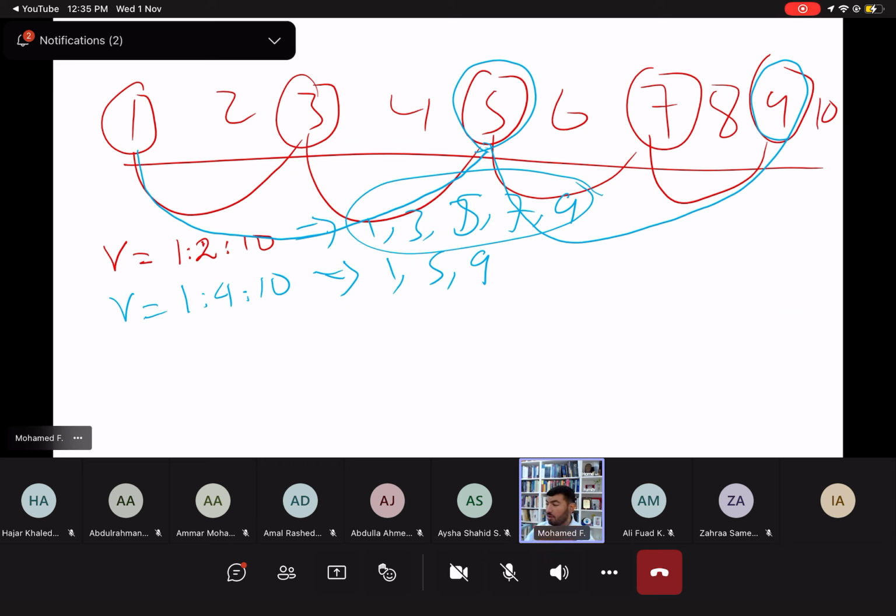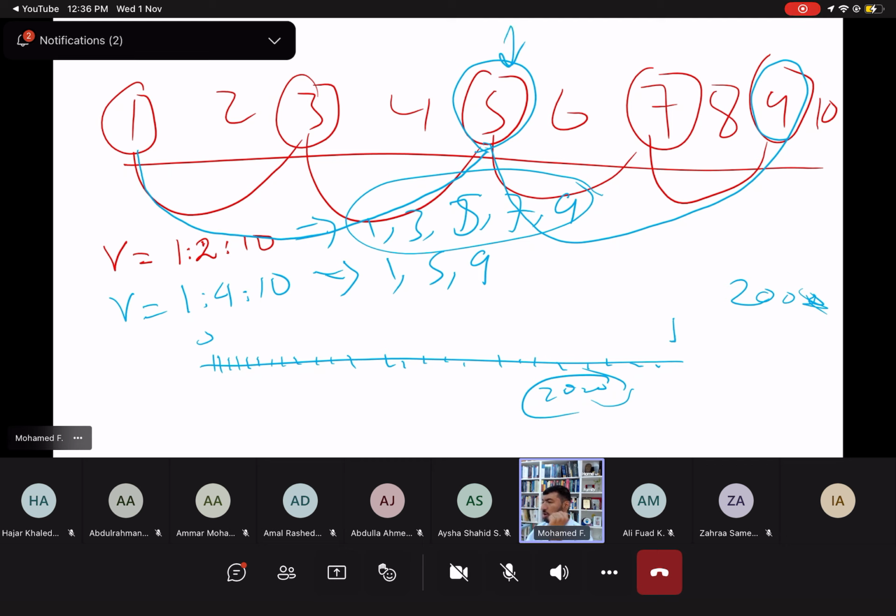But what if the question asks you, like the one we have seen now, to give you between, for example, 0 and 1, 200 points? Or 2,000, or 2 million. So you want to slice the range into equally sized points. How to do that? If you use this way, you have to do some calculations to find the spacing size, and then put it here.